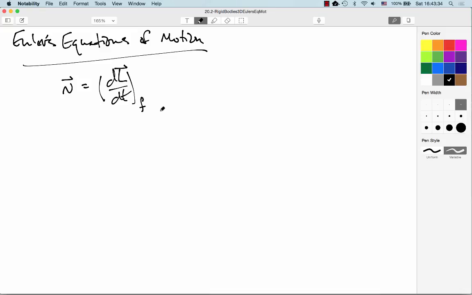Now, there's a complication here, and that's that this can become a computational bear really fast. You're still going to want to go ahead and say that the angular momentum is equal to I dotted with omega typically. Unfortunately, as the object rotates, the distribution of mass is going to change in the fixed frame, which means that I is dynamic.